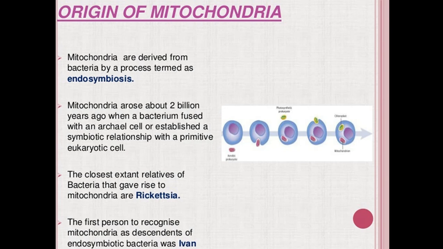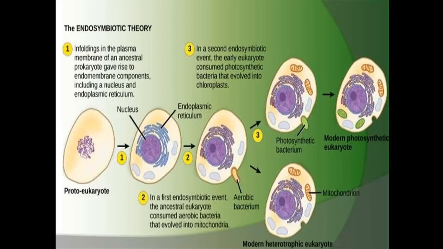The closest extant relatives of the bacteria which gave rise to mitochondria are the rickettsia bacteria. And the first person to recognize the mitochondria as a descendant of endosymbiotic bacteria was Evan.